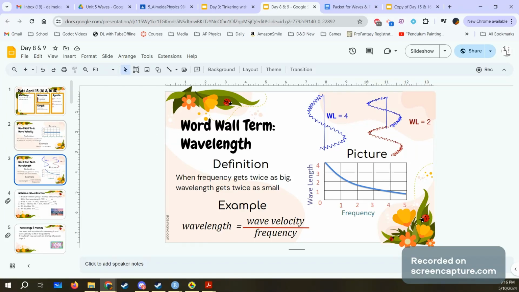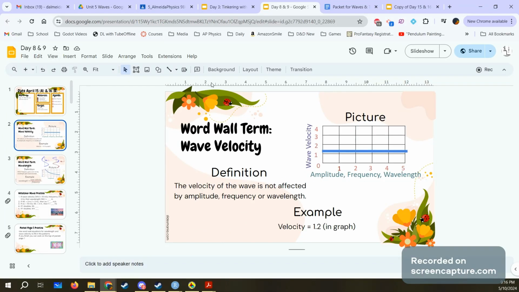The next thing we'll take a look at is off of the day 8, 9 stuff. This is where we were recapping and thinking about what we were doing in our labs, right after the waves lab. We're looking at a couple of things. The first is the relationship for wave velocity.